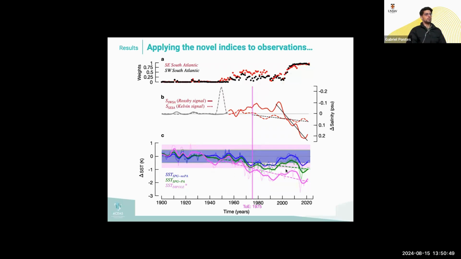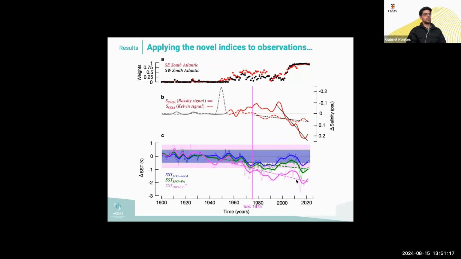Then we've got the green one, which is the subpolar gyre index corrected by the polar amplified warming, so corrected by polar amplification. So when we accurately correct this index by the polar amplified warming, then we can see a significant trend, especially since 1950.